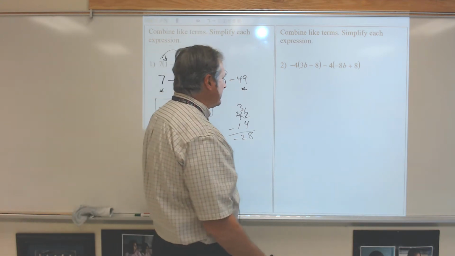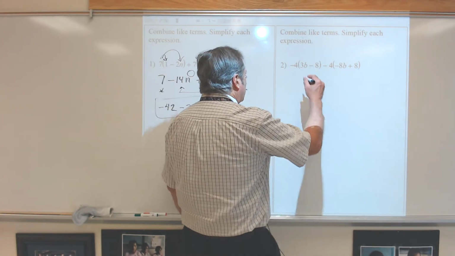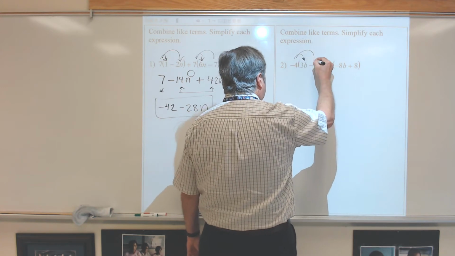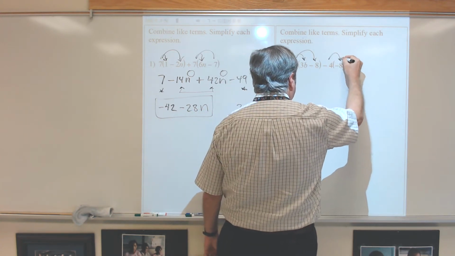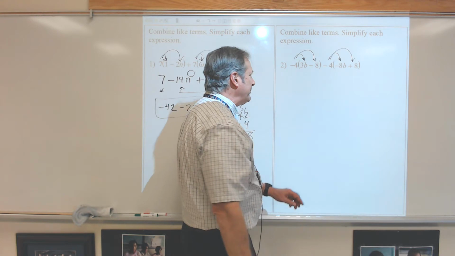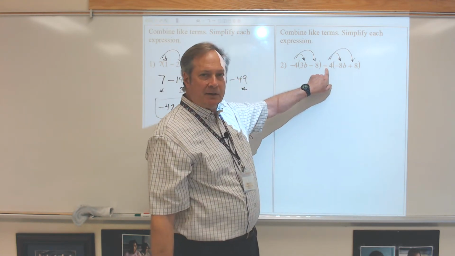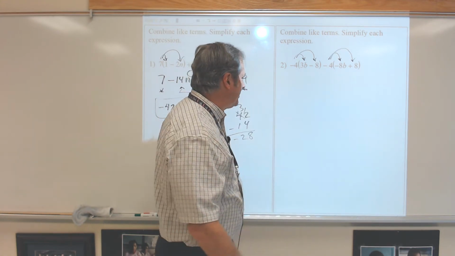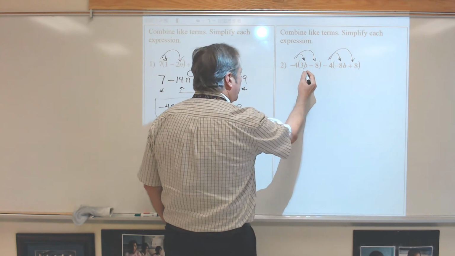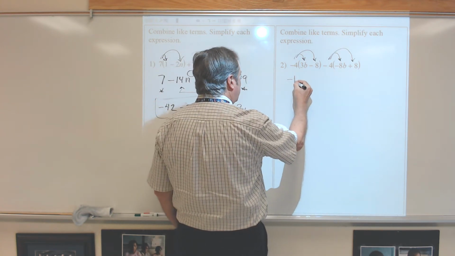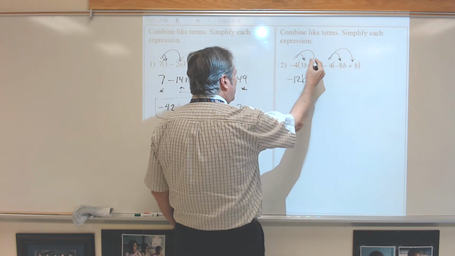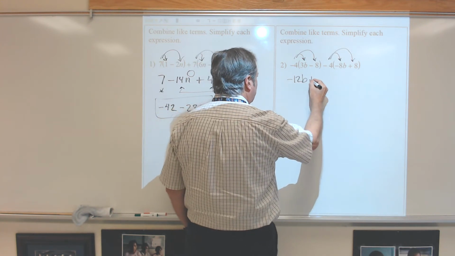All right, similarly, number 2. We're going to distribute here, here, here, here. I'm immediately noticing, though, that this is a minus, so I want to keep that in the back of my head. All right, so negative 4 times 3b is negative 12b. Negative 4 times negative 8 is positive 32.